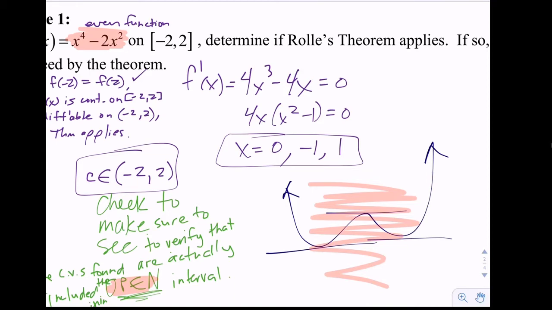We can determine, just by the end behaviors, if each of those critical values are local max or mins. At 0, we must have a local max because it's the one in the middle. +1 should be the location of a local min, and -1 must be the location of a local min.